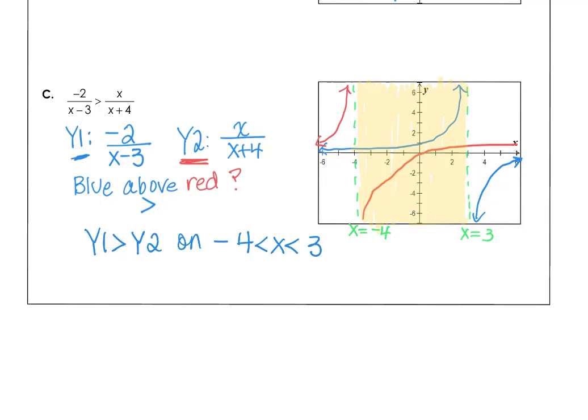And in the other two sections, the red graph is above the blue graph. Out in this area here, red is above blue, and here red is above the blue.